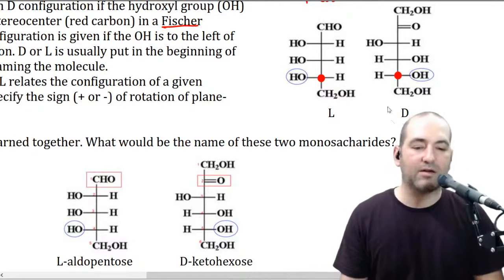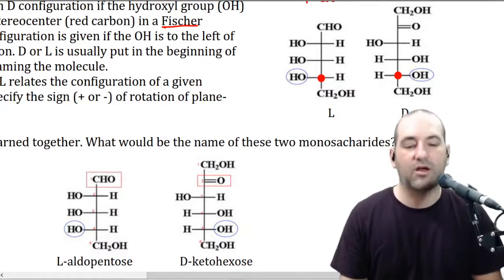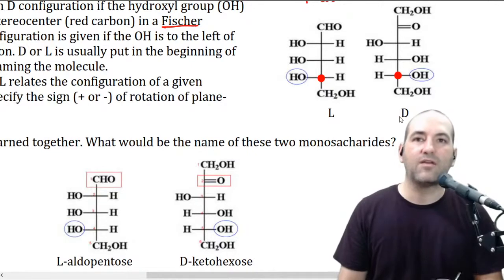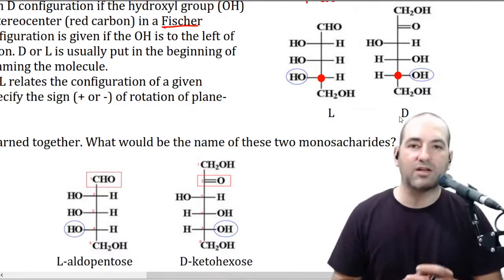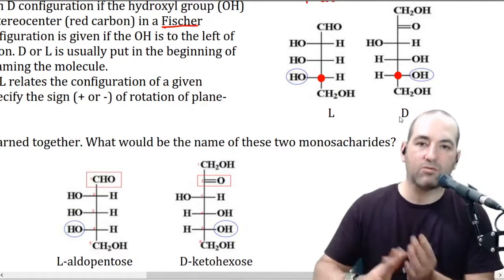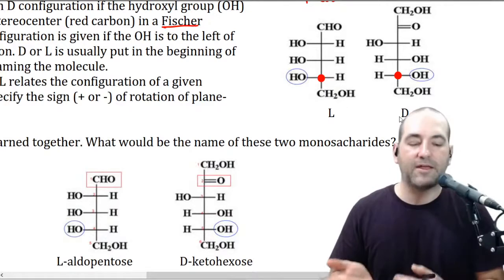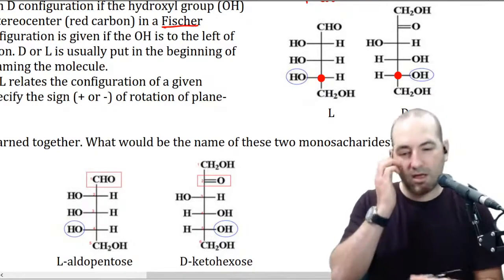D or L comes from the words dextrorotatory and levorotatory, which has to do with how the chiral substance affects light. You can take polarized light and rotate it in one direction or the other. That's how you can experimentally determine this.